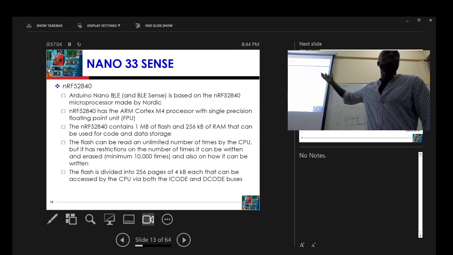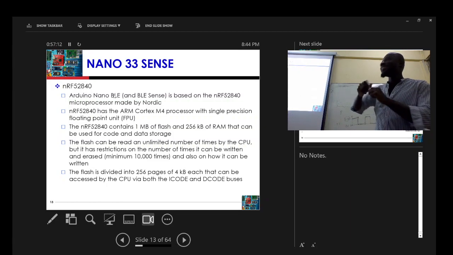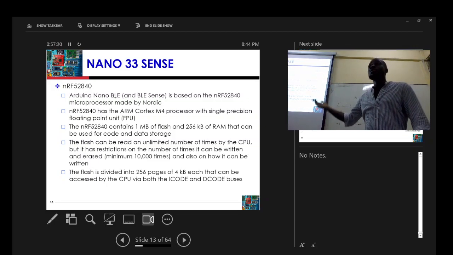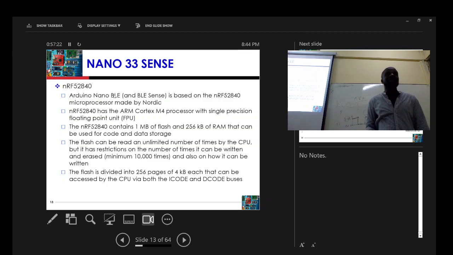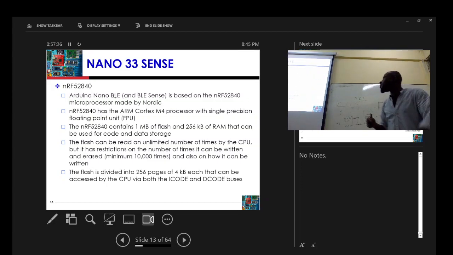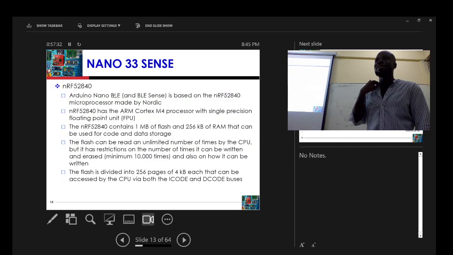You guys know ARM, the company. They produce CPUs. Probably all the CPUs you've seen are produced by them. And this one is the Cortex-M4 processor, and it has a single precision floating point unit.